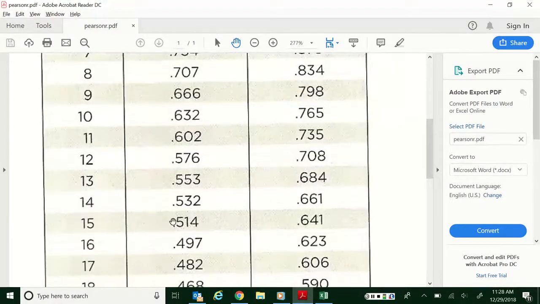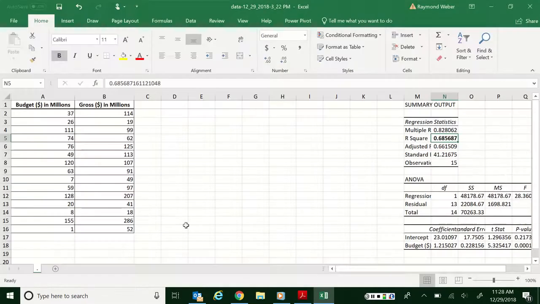So my critical value is 0.514. So my R value needs to be either greater than 0.514 or less than negative 0.514, and it is. I can see at 0.685 it is. So I'm like, okay, good, I can use this. I've got a decent positive correlation. Some movie maker is happy.